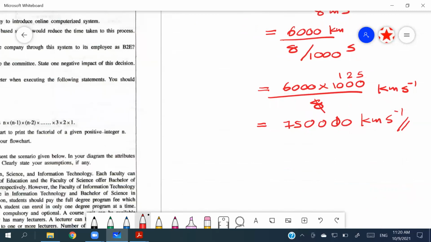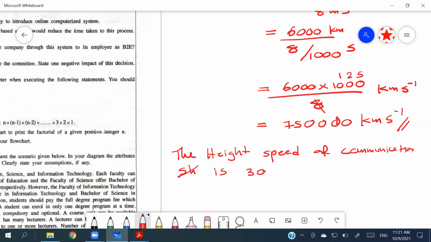So we can simply say the highest speed of communication is 300,000 kilometers per second.